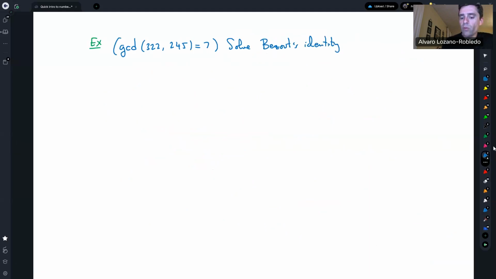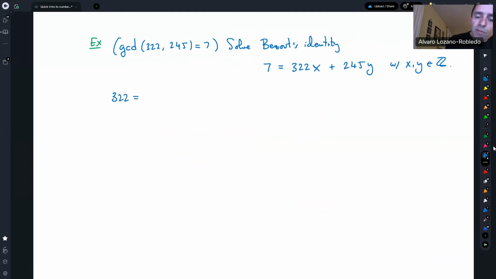I want to write 7 as a linear combination of 322x and 245y with x and y integers. So I want to be able to write 7 as a linear combination of those numbers. Now that seems difficult, but with Euclid's algorithm it is actually not that bad.